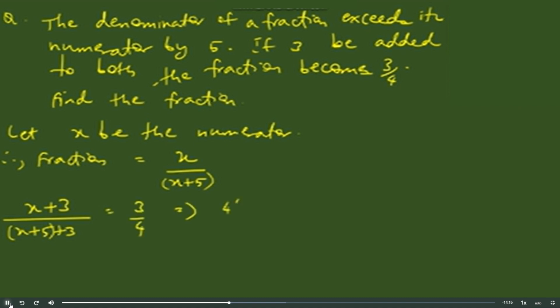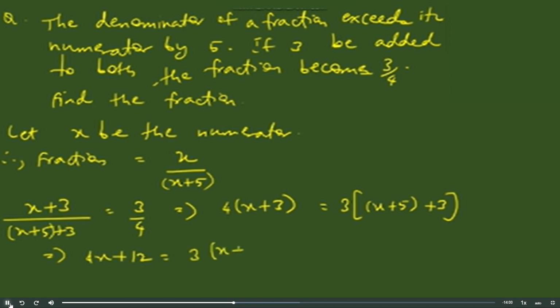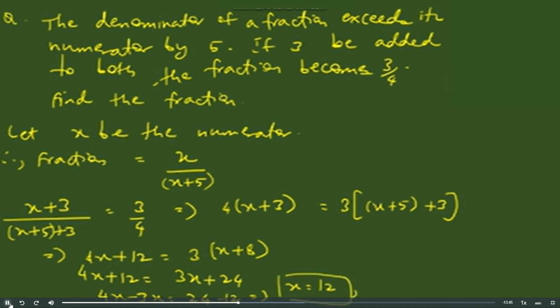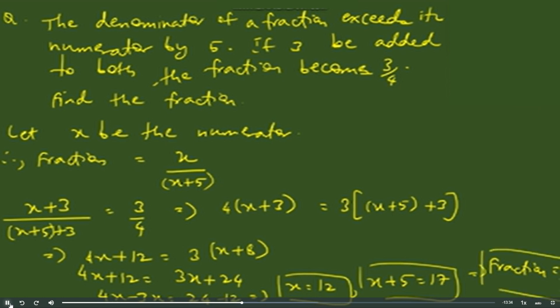Let us solve. 4(x+3) = 3(x+5+3). 4x + 12 = 3(x+8). 4x + 12 = 3x + 24. 4x - 3x = 24 - 12. x = 12. And then x + 5 = 17. Fraction is equal to 12/17.